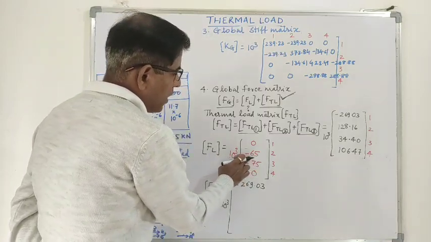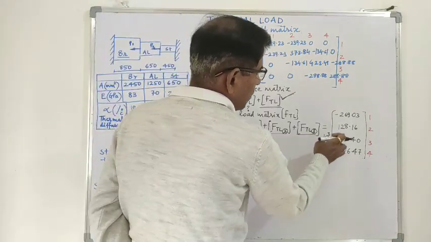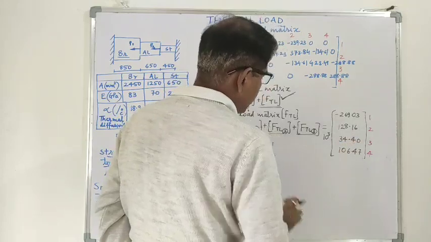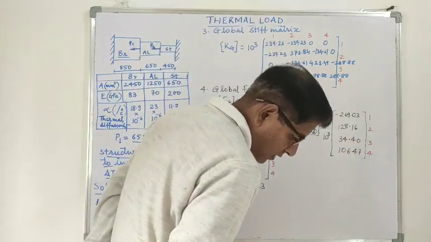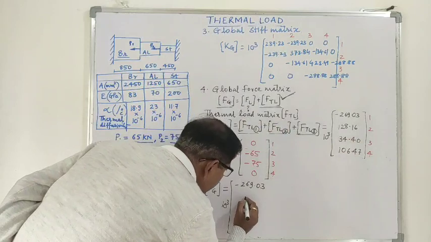At node number 2 it is minus 65 plus 128.16, so the answer will be 63.18.